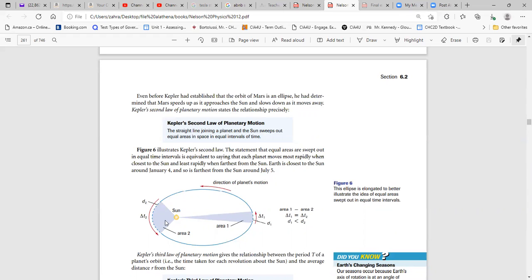When area 2 and area 1 are the same, it means the time it takes to come from here to here is the same as here. It means at this point the planet is moving much slower than at this part, right? It's faster there. But the distance here is much bigger than the distance that it travels here.